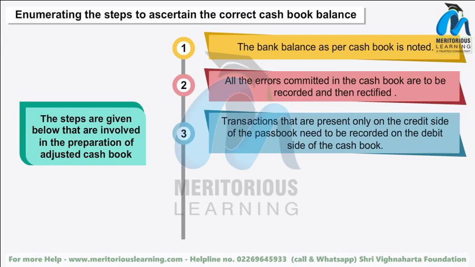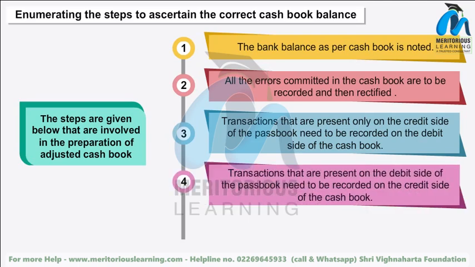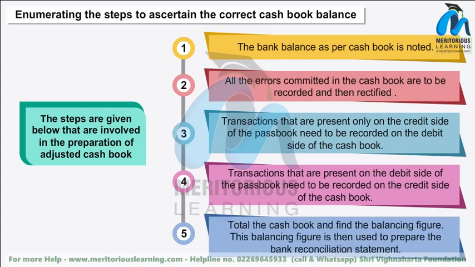Transactions that are present only on the credit side of the passbook need to be recorded on the debit side of the cash book. 4. Transactions that are present on the debit side of the passbook need to be recorded on the credit side of the cash book. 5. Total the cash book and find the balancing figures. This balancing figure is then used to prepare the bank reconciliation statement.